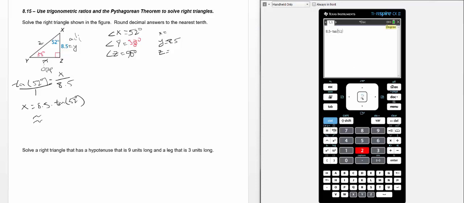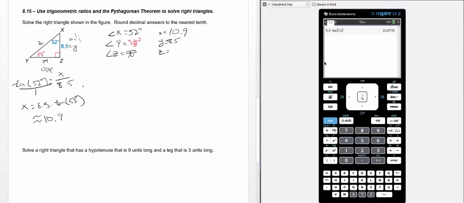And since I'm in degree mode, I don't need to type the degree symbol. If you're not in degree mode, you definitely want to add the degree symbol, which is in the pi button here. Hit enter, and that means that x is about 10.8795, or to the nearest tenth, about 10.9. So I'll fill in x is 10.9.